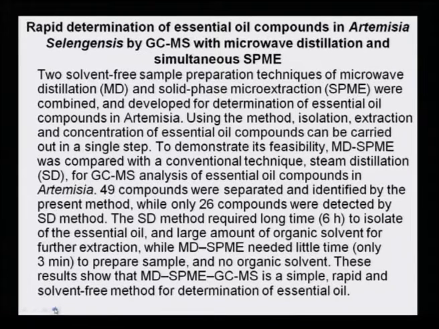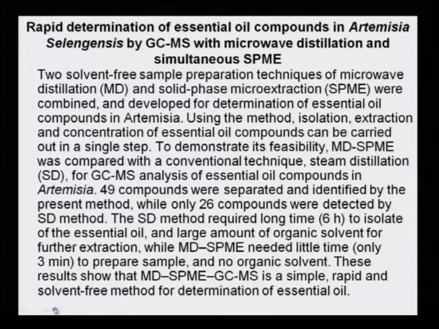That is, the steam distillation method could only recover 26 compounds, whereas the new method, that is the microwave distillation followed by solid phase microwave extraction, gave 49 compounds.